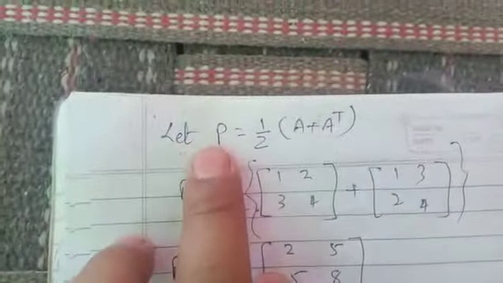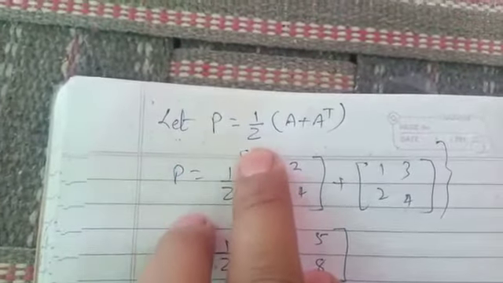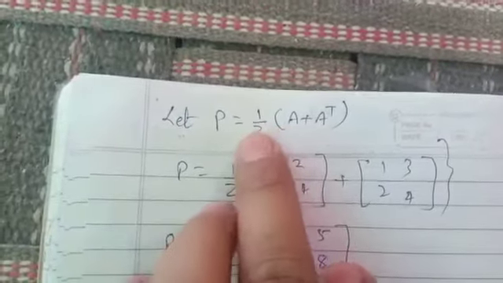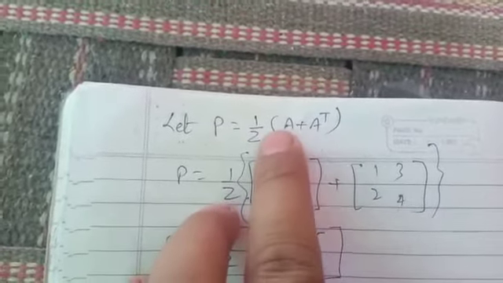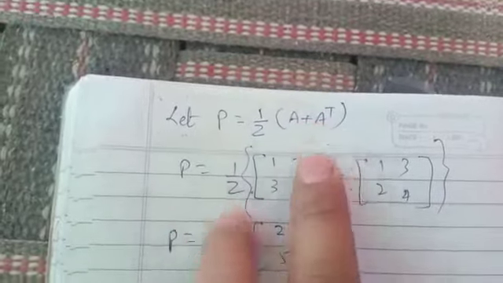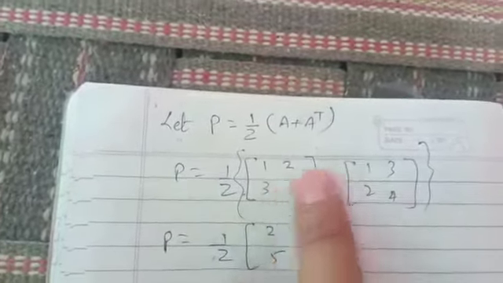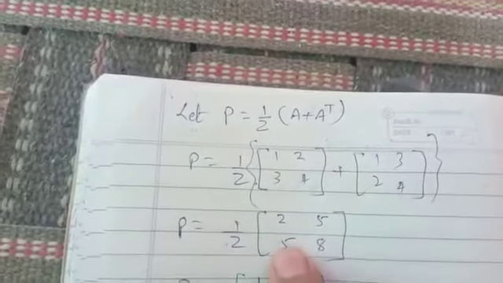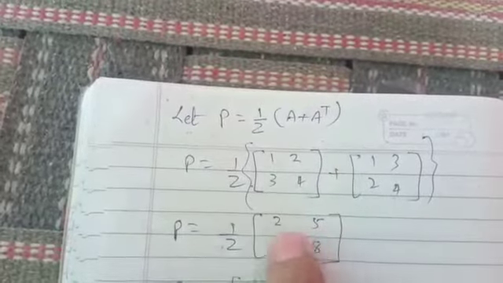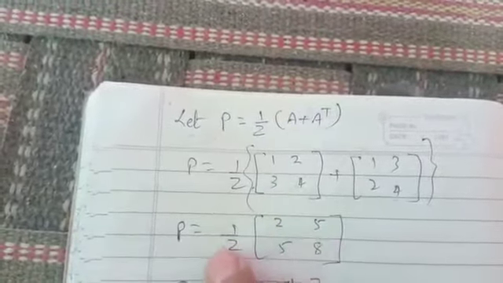Now let us consider P as another matrix which is given by half of A plus A^T. Now put the values of A and A^T. This is the value of A matrix and this is the value of its transpose. Now add these two. After adding we will get this. Multiply each element by 1 by 2, or divide each element by 2.